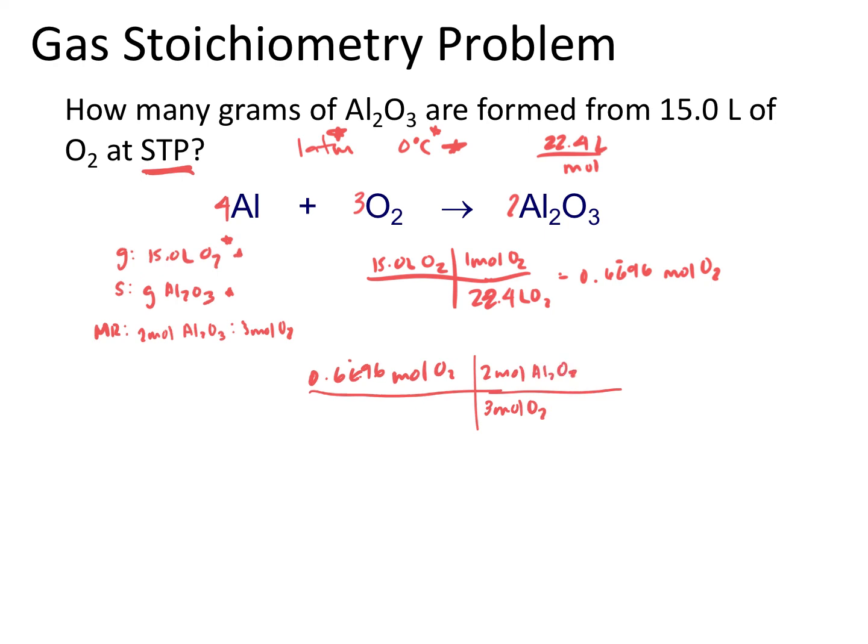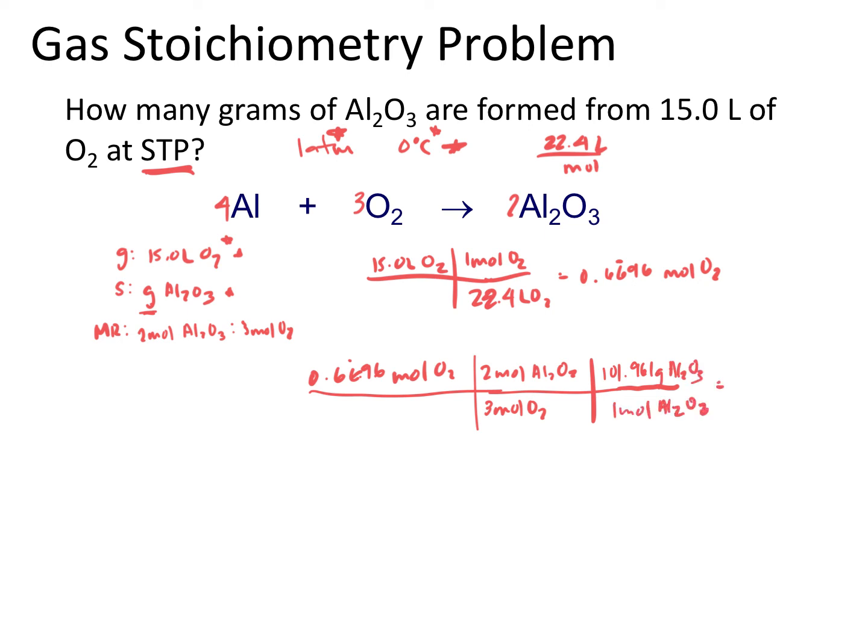So if we stopped this problem now, we would be in moles of Al2O3, but our solve for needs to be in grams, so we need to utilize the molar mass of our Al2O3 to get into the appropriate units. So we're going to plug that in: grams of Al2O3 per 1 mole of Al2O3.